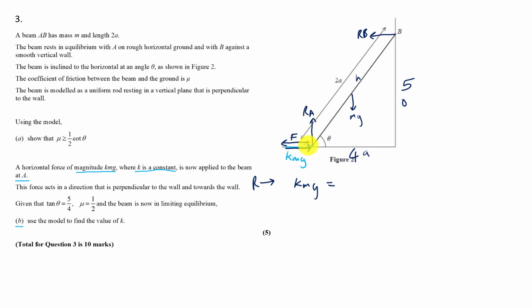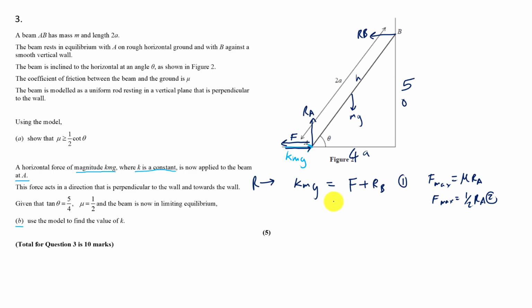It's got to equal F that we have going this way and RB, the reaction at B. Now we know F max is going to equal mu RA, and mu is a half, so we have F max equals a half RA. Call that equation 2.